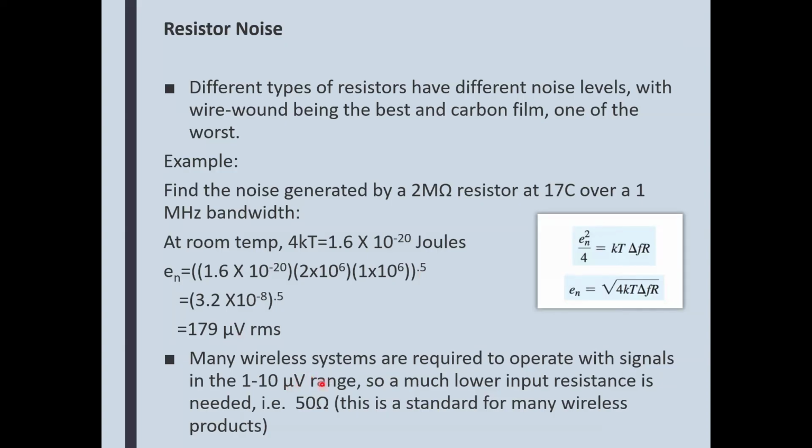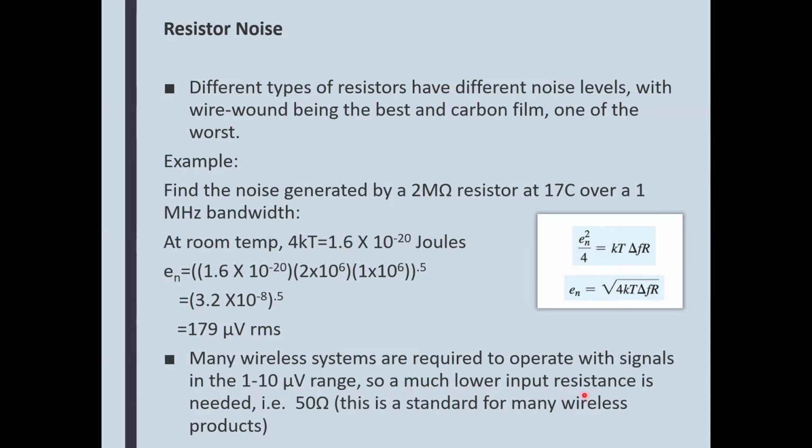Many wireless systems are required to operate with signals in the 1 to 10 microvolt range. There's a problem there. But that's across the 2 mega ohm resistor; this is just an example.